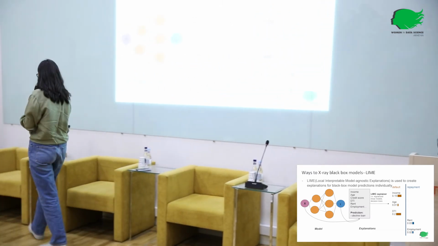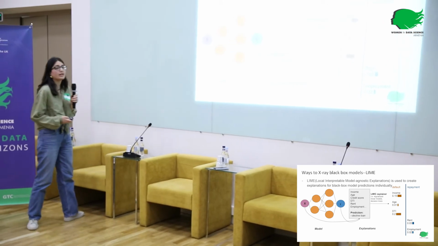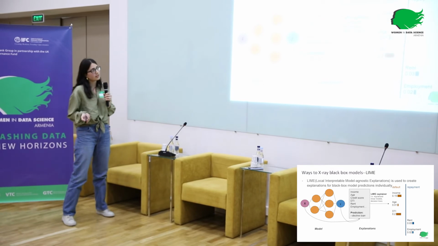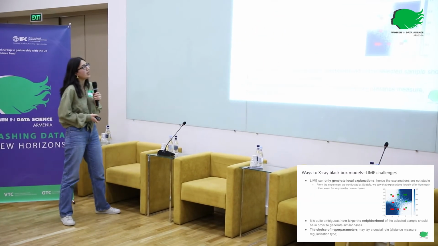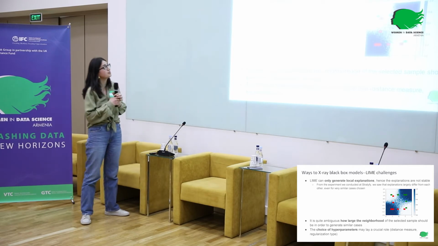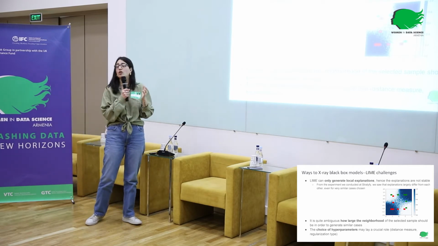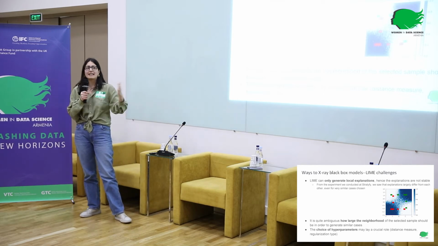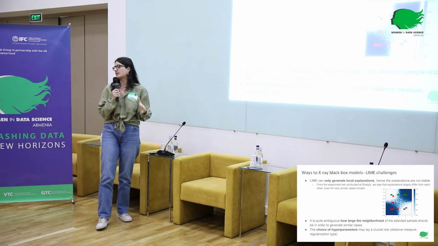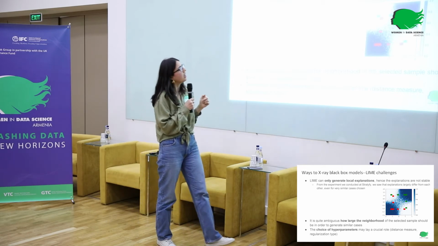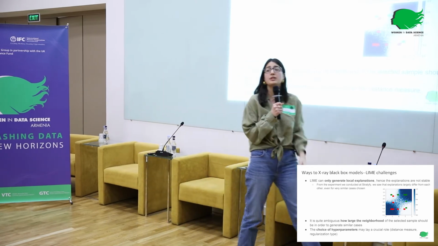So LIME works quite well. It works really well in most of the applications, but it has some limitations. One of the limitations is that it's local. It provides local explanations, so when we extend it to the global picture, we may get very unstable results. Actually, what we did at Stratyfy, we conducted an experiment.